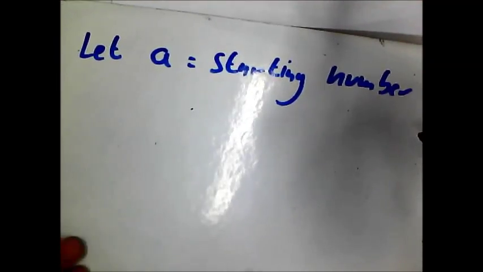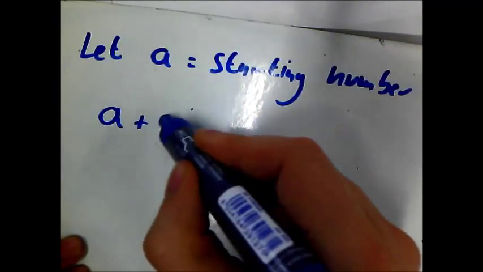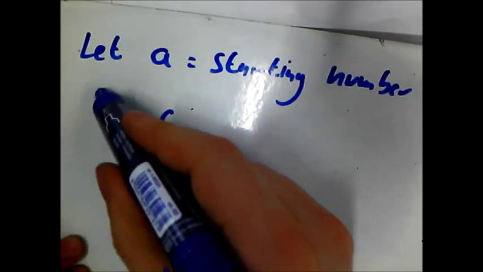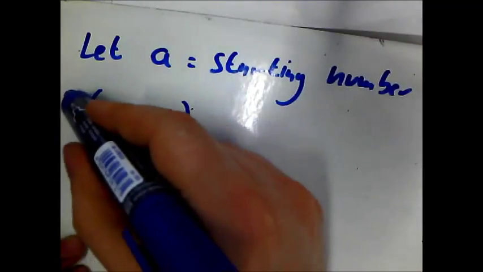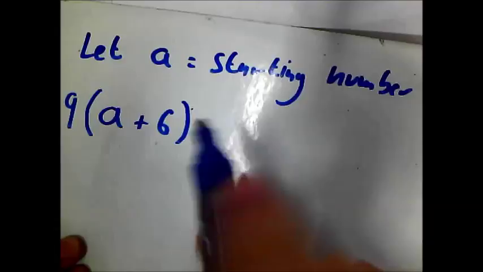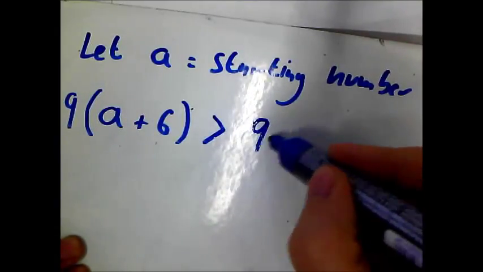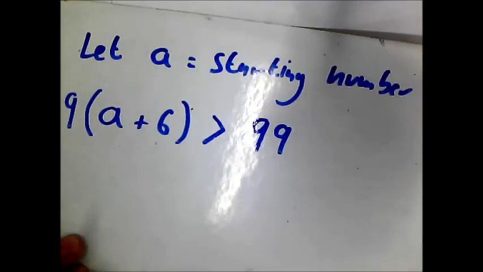Okay, so I've got my starting number a, I add 6, and then I multiply all of this by 9, and this result is bigger, so it's greater than 99.